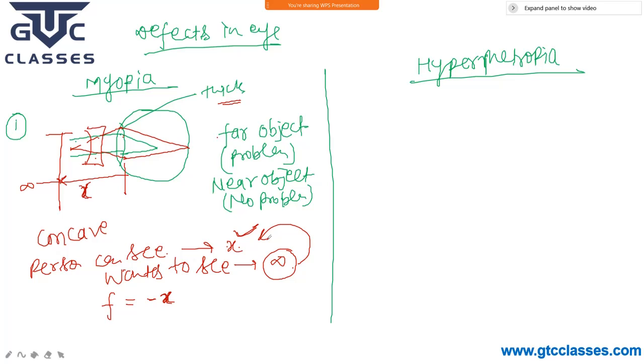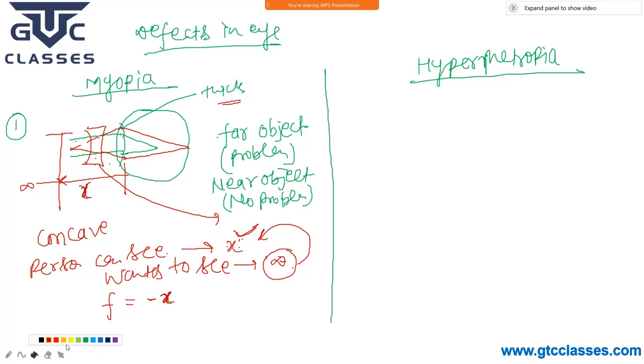We only need somebody to bring it from infinity to x. So you want to reach your house, somebody leaves you till your tower. You can easily reach after that. The person need not come to your home. Same thing. From infinity we want to reach x, for which we use the concave lens. That's the only purpose.